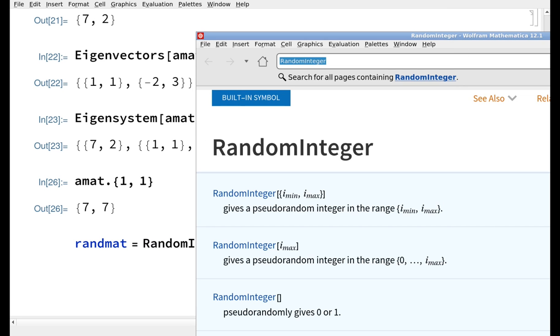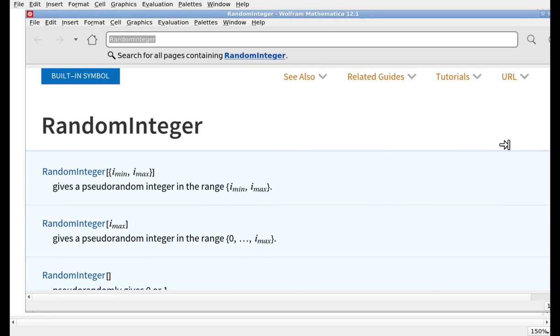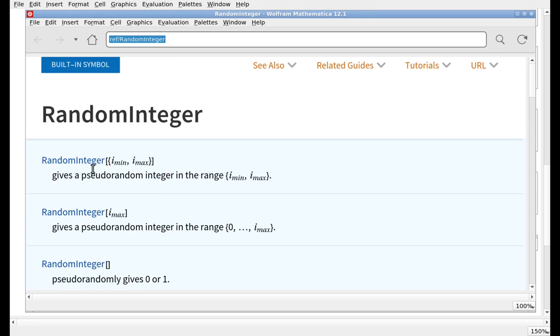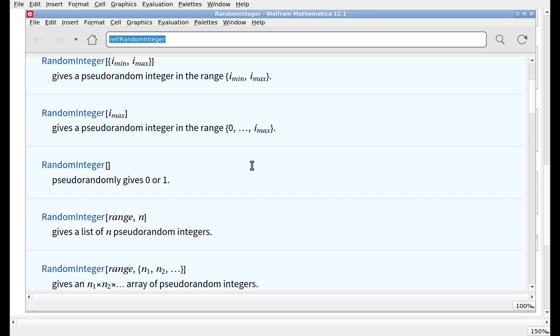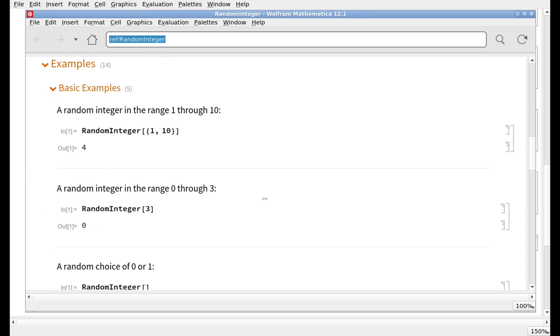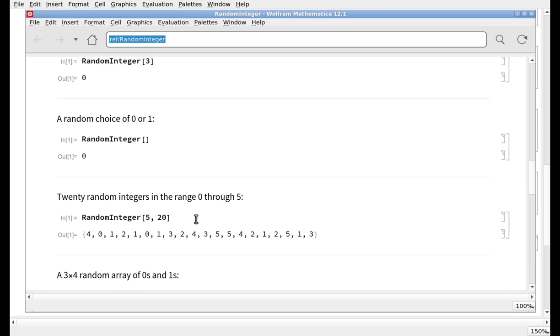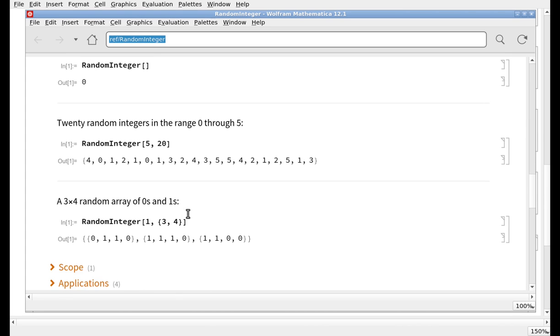Let me show you this. Random integer, that's what I want. I think I can use it to produce, so it'll produce 20 integers in the range 0 through 5. And I can also produce an array. Okay, let's try that.